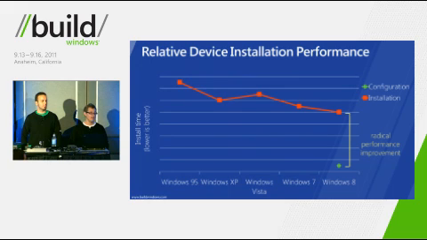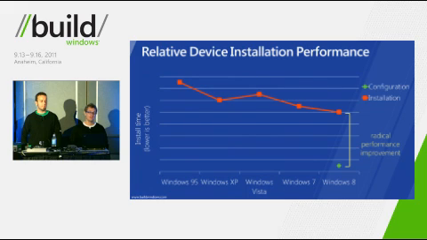In Windows 8, we've made significant performance improvements in a feature that we call device configuration. And device configuration basically represents a radical performance increase for the installation process. Order of magnitude or more of a speed increase.